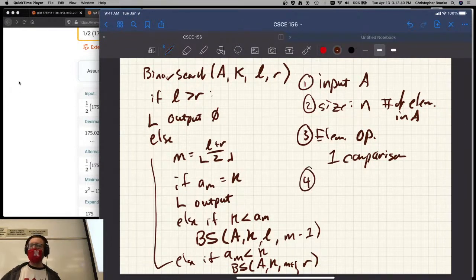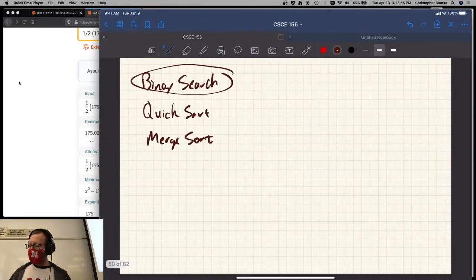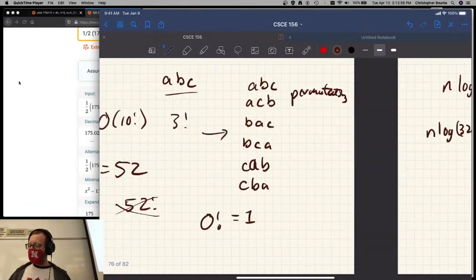4, how many times is the elementary operation executed with respect to the input size? We're going to have to come back to that next time. We need another tool. 5, jump to conclusions here. We already talked about it way back here since we've looked at it before.